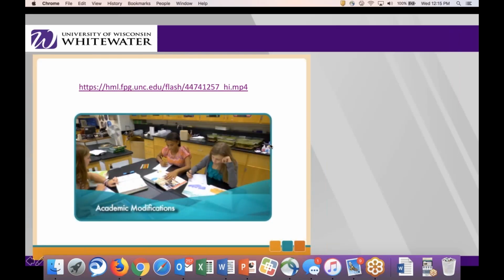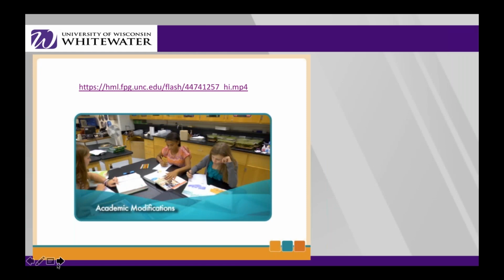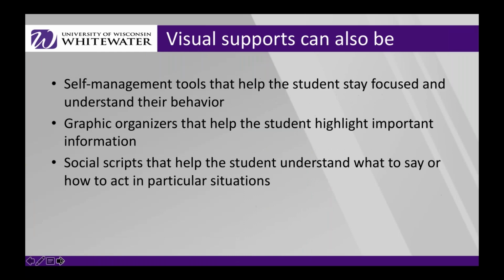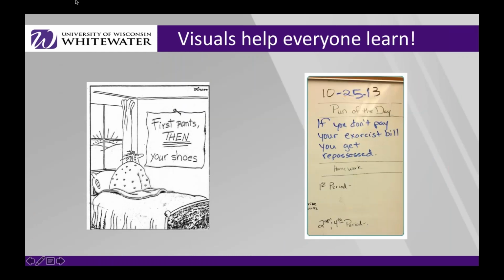I'm so sorry I got off priming and we jumped into academic modifications. But that's okay. Academic modifications are another academic, and let me find out where you are and where I am.